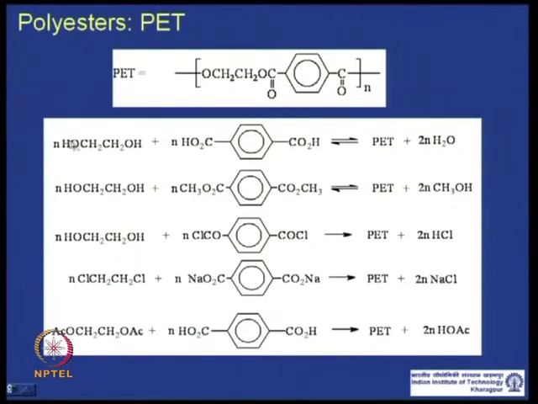But we know that direct esterification of alcohol and acids, or say ester and acid groups, are very slow reactions. So, you require high temperature. So, these two reactions are typically not used commercially.